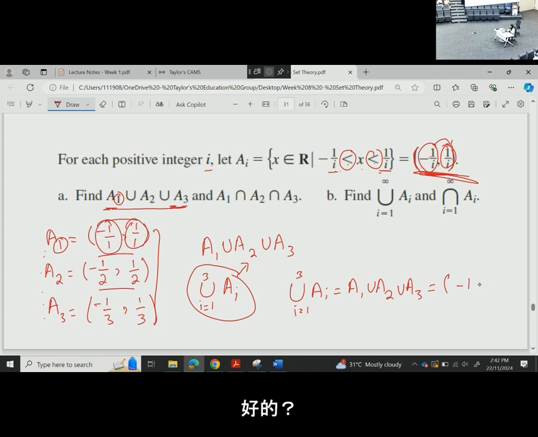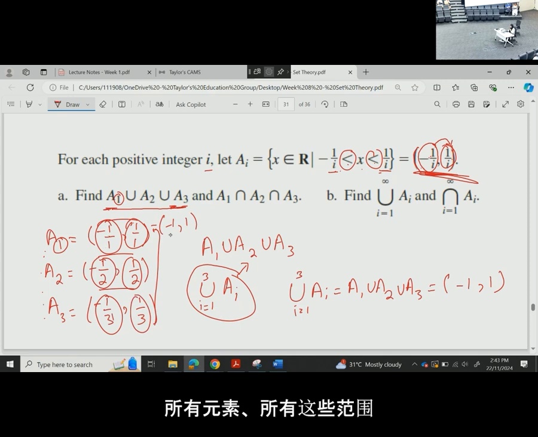You see this is minus 0.5, this is positive 0.5, this is minus point something, and all of these ranges are included in this one. So this will be your union.